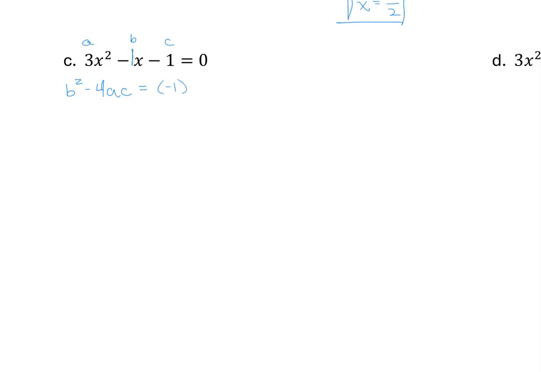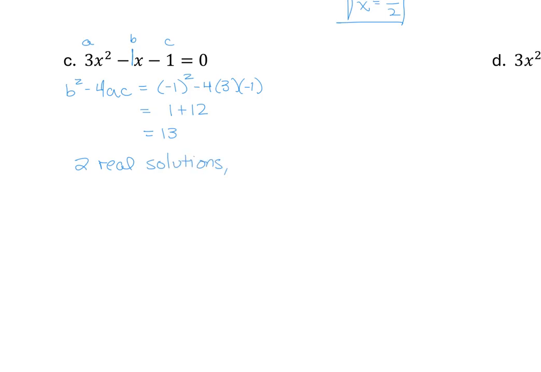And so when we plug in, we get -1 squared minus 4 times 3 times -1. And if we simplify this, we get 1 plus 12, which is equal to 13. It is positive, which means 2 real solutions.